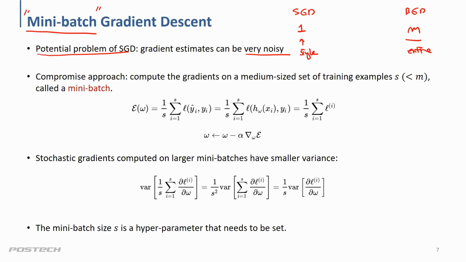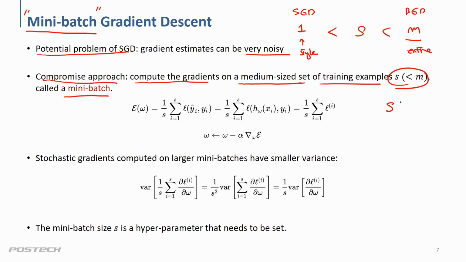In order to compromise, I will just pick a value in the middle. This is a reasonable guess that you can think of. So the compromise approach is that we compute the gradient on a medium-sized set of training examples. We call it a mini batch.